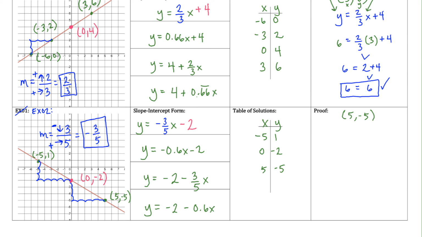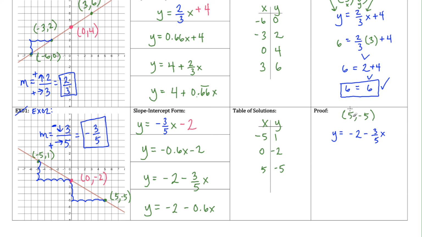And let's go ahead and write our equation. y equals, I want to choose this one, -2 minus 3 over 5x.